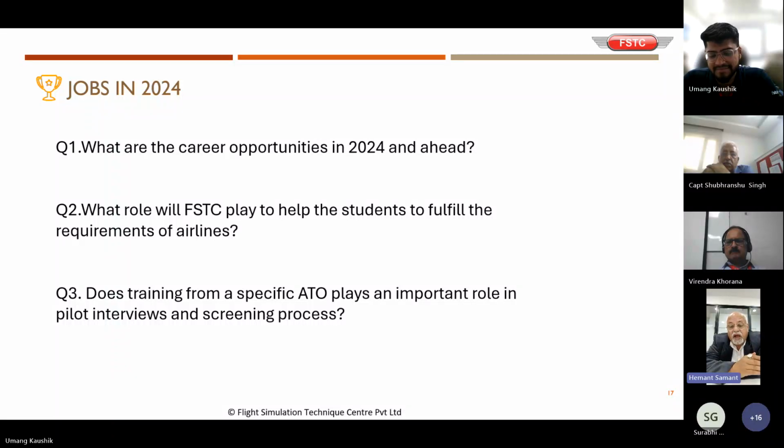And that is why I am not wanting to market FSTC. We have seen in Vistara and Indigo's training, the trainee first officers who have been trained at different flying institutes and different ATOs, they have been selected but sent to us to standardize the Airbus way and also give them the Vistara culture, so that they are readily available in the right seat of the airline.